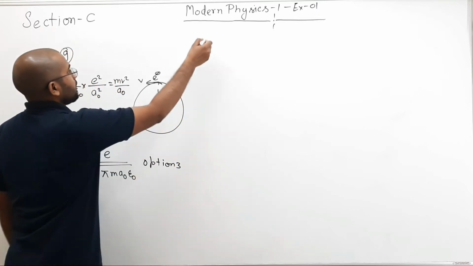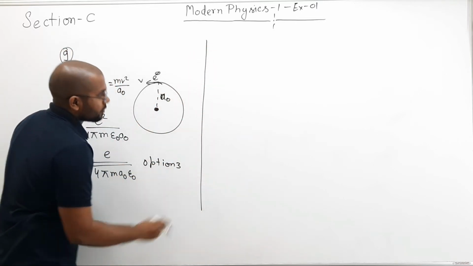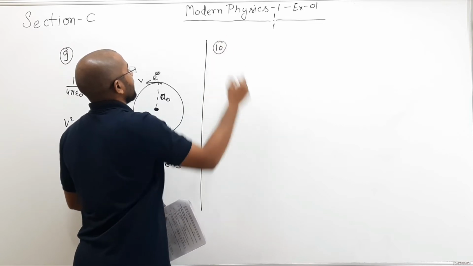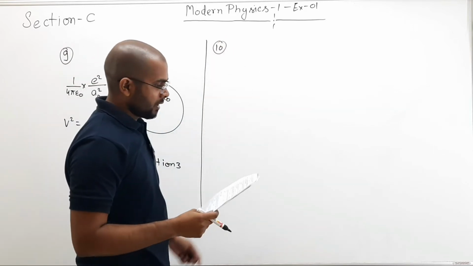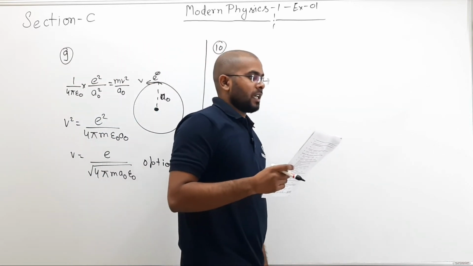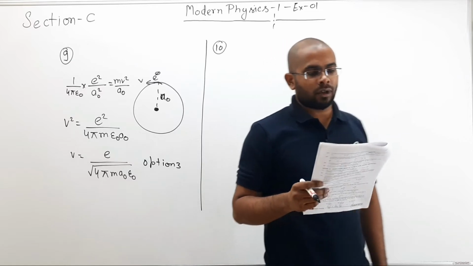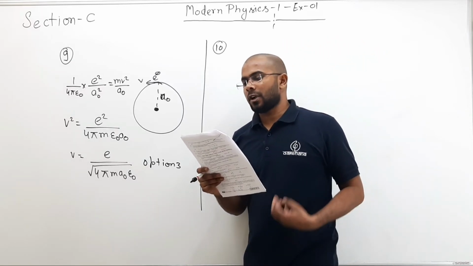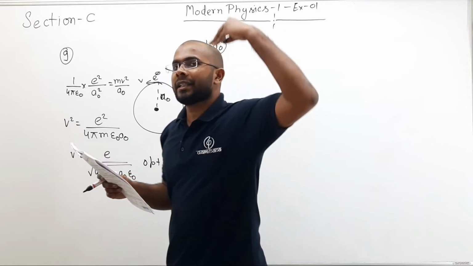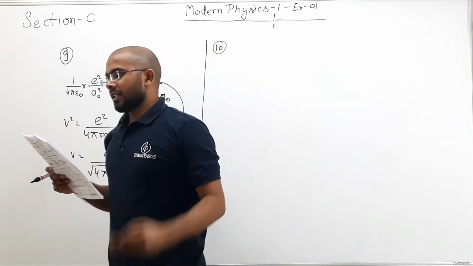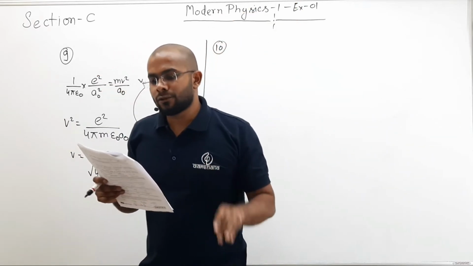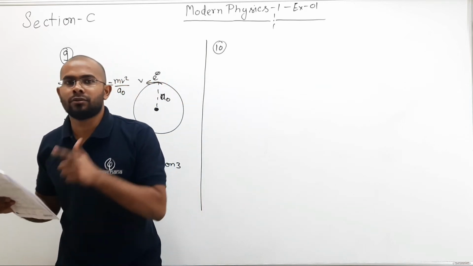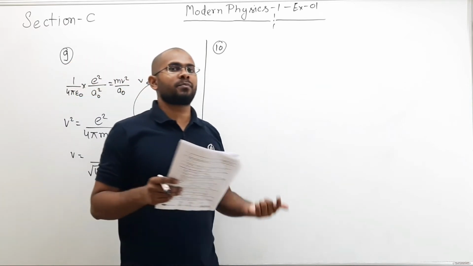Option 3. So let us take a look at the next question, question number 10, Section C. What is question number 10? If an orbital electron of the hydrogen atom jumps from the ground state to a higher energy state, its orbital speed reduces to half its initial value. Now what is the speed?